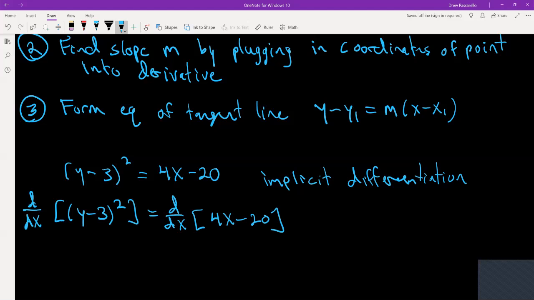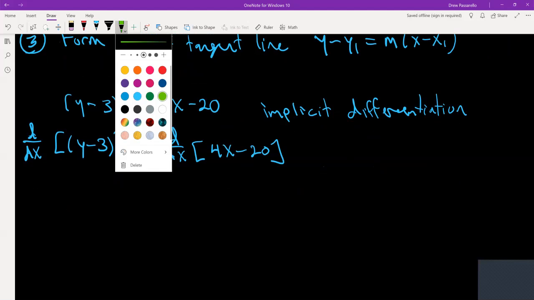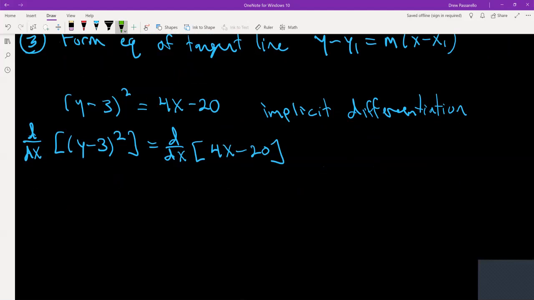All right, so taking the derivative of (y minus 3) squared, it's basically using the general power rule, applying the chain rule. So it's d/dx of u to the n is equal to n times u to the n minus 1 times u prime. In this case, u is y minus 3.